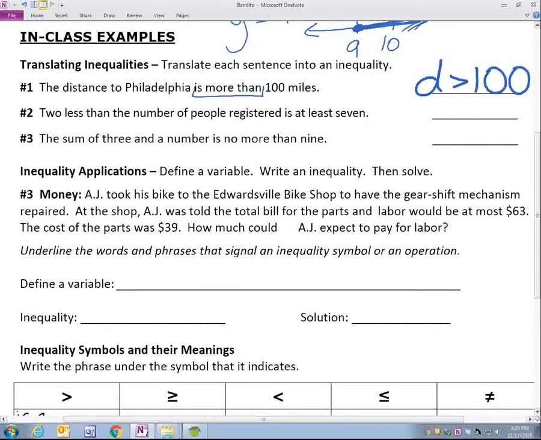Point it to the D? Right. The greater than symbol. I think you're overlooking it. Yes, you were right when you said greater than the first time. So greater than. The distance, D, is greater than 100. You should write that.